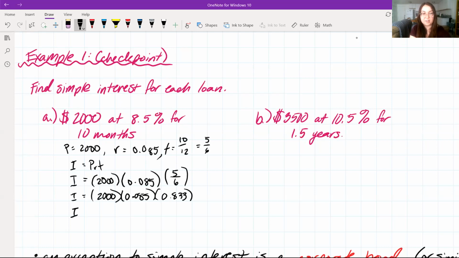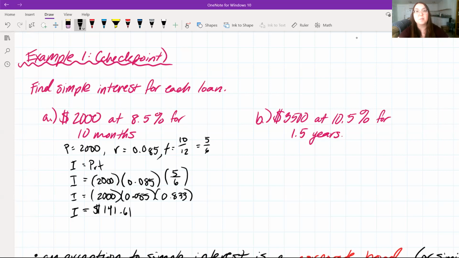So if you've calculated it, you should get that your interest is equal to $141.61. So this tells us that if we invest or borrow $2,000 with a rate of interest at 8.5%, after 12 months, we would have accrued $141.61 in interest.